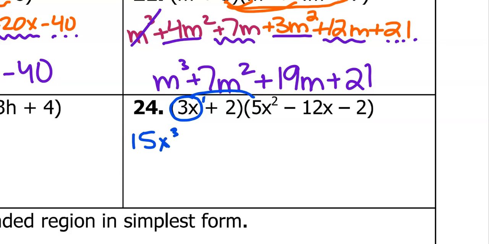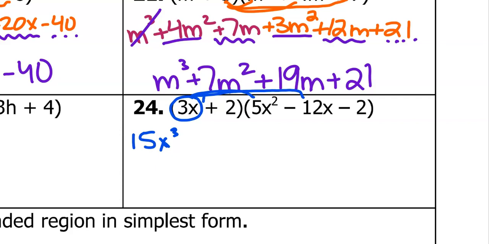Good. All right, now do 3x times negative 12x. So coefficients, 3 times negative 12. I know, our brains are mush. It's Friday.